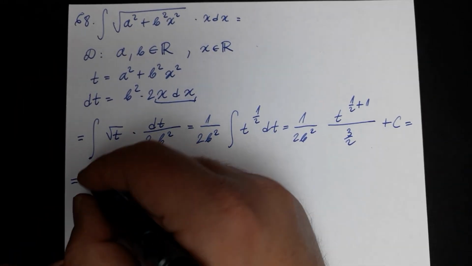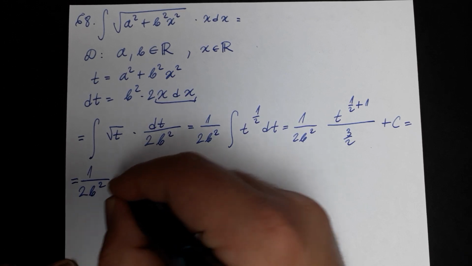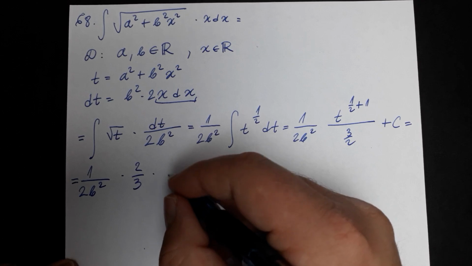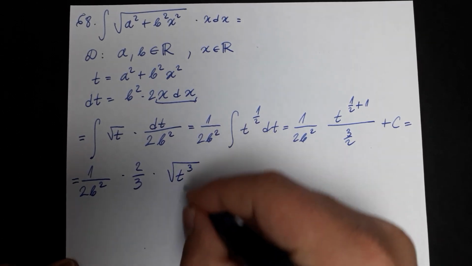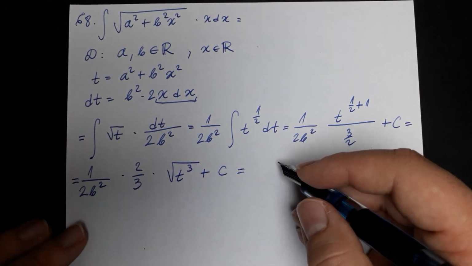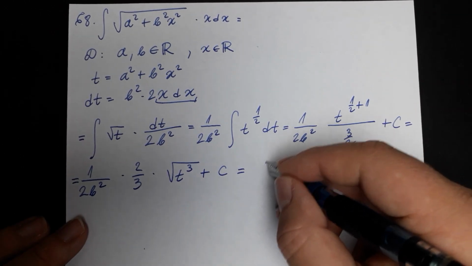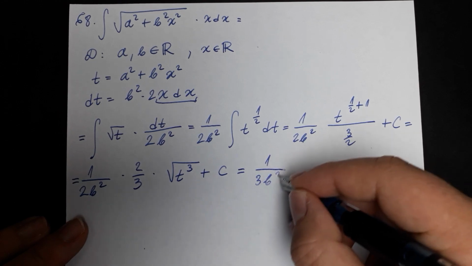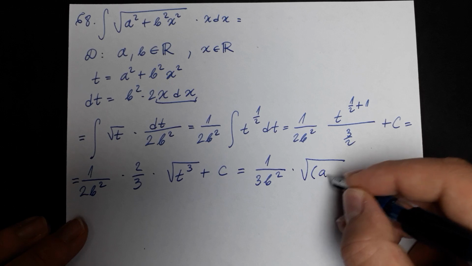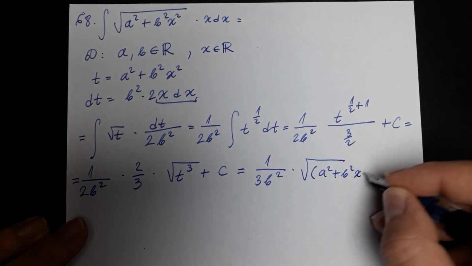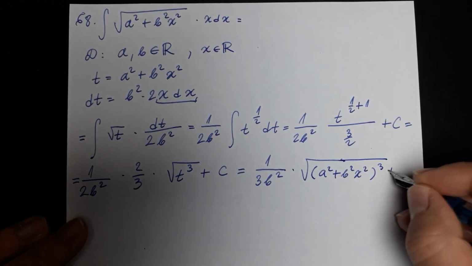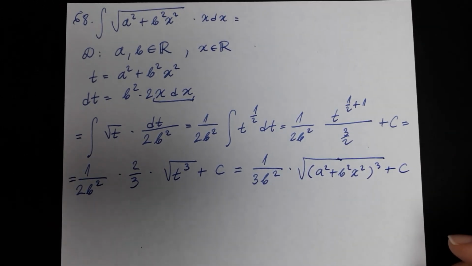So this is equal to 1 divided by 2b squared times 2 divided by 3 times a square root of t to the power 3 and plus c, which is equal to 1 divided by 3b squared times a square root of a squared plus b squared x squared to the third power and plus a constant c.